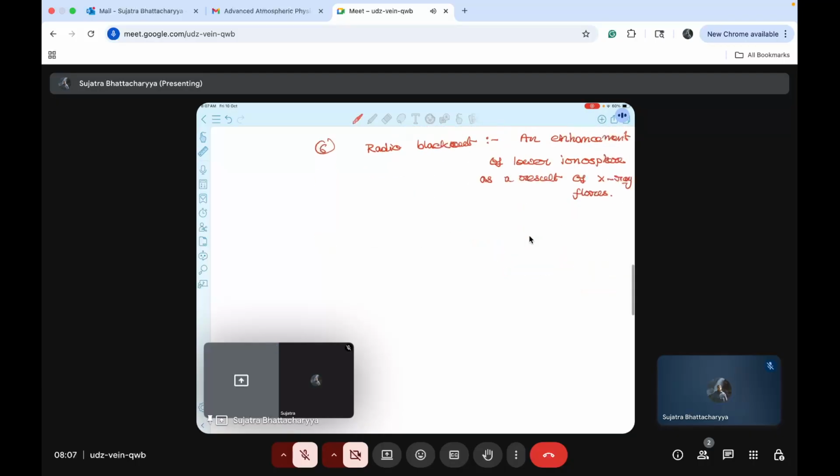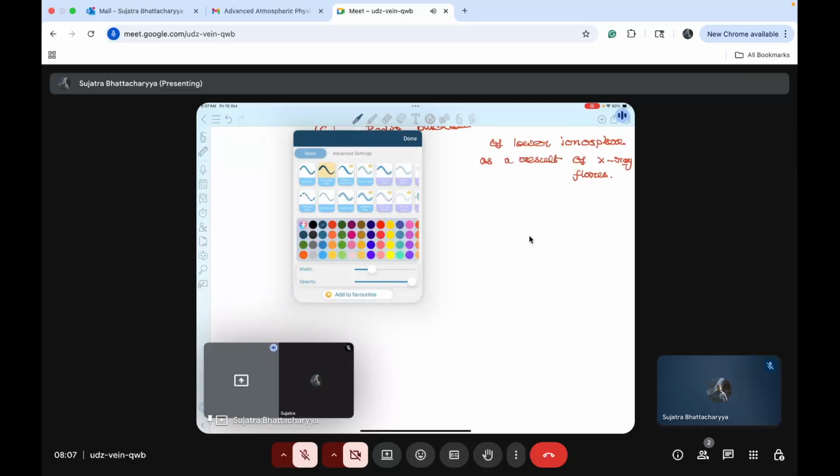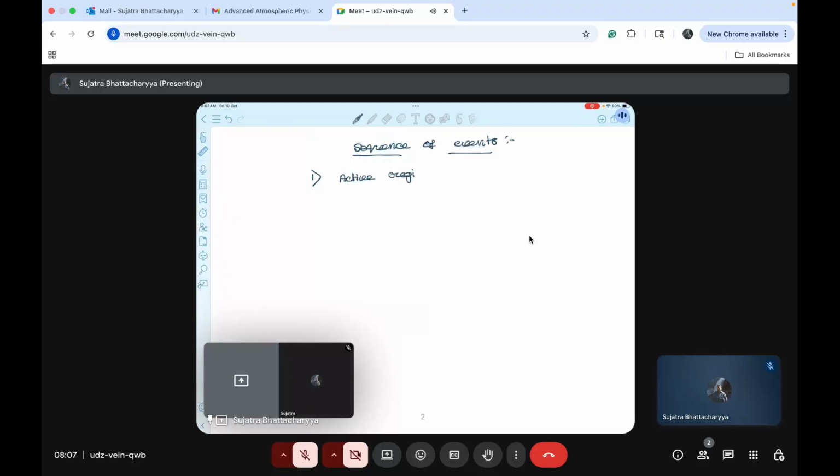Okay, so let us quickly write down the sequence of events. One is the active region on the sun erupts, of course, during the peak solar activity.